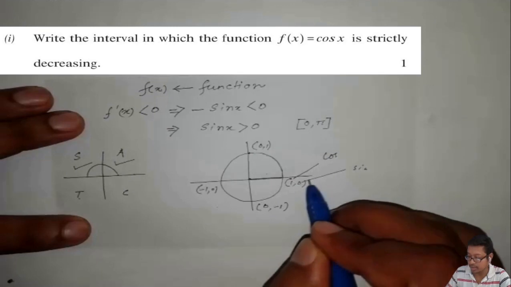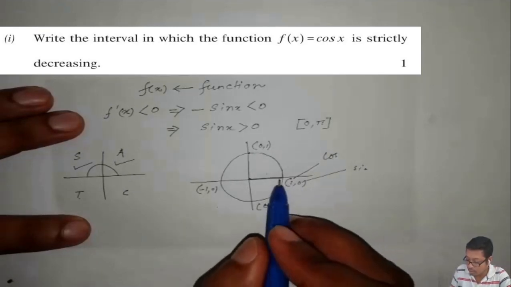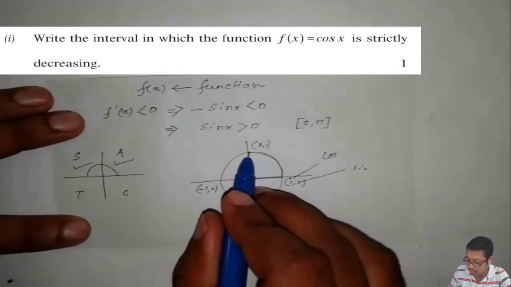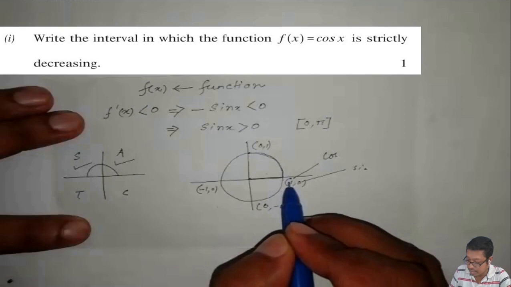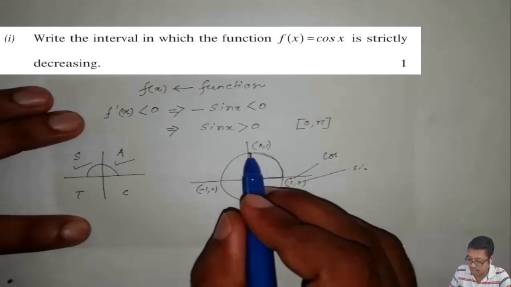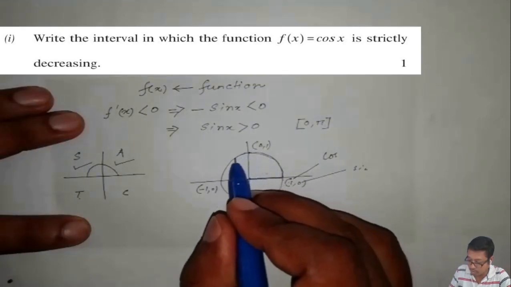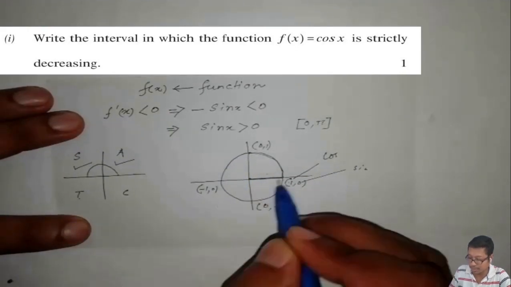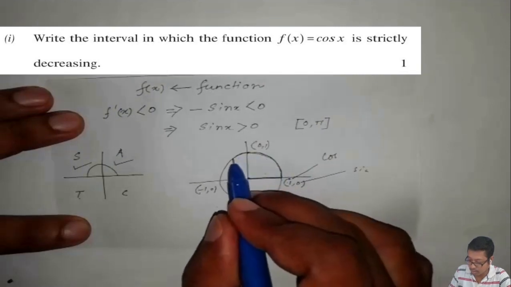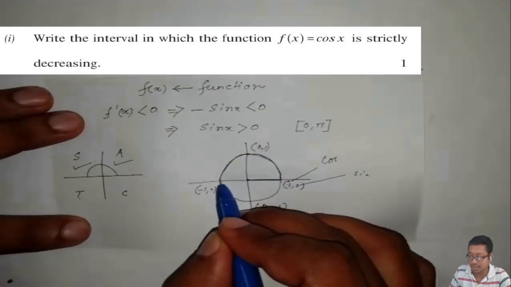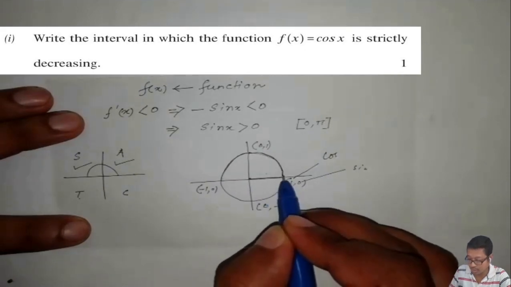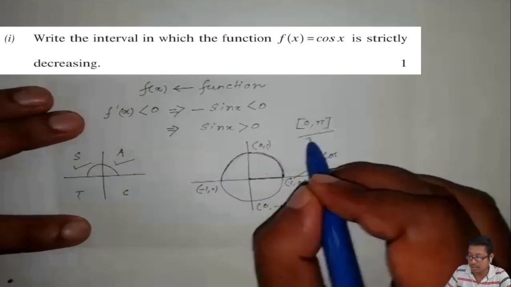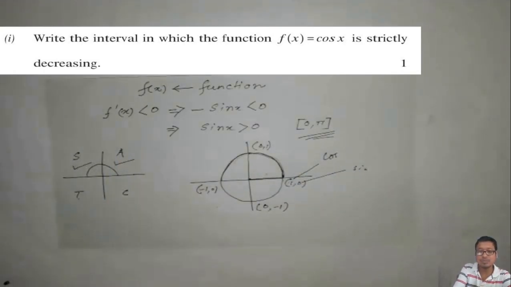We are not concerned about the second value, we are concerned about cos. Now if you observe, if it moves like this and comes over to this position, the value of cos is decreasing from 1 to 0. Again from here to here, it goes from 0 to -1, so it is decreasing. That means this is the portion where cos x is decreasing, starting from 0 and going up to pi. So 0 to pi is our correct answer.